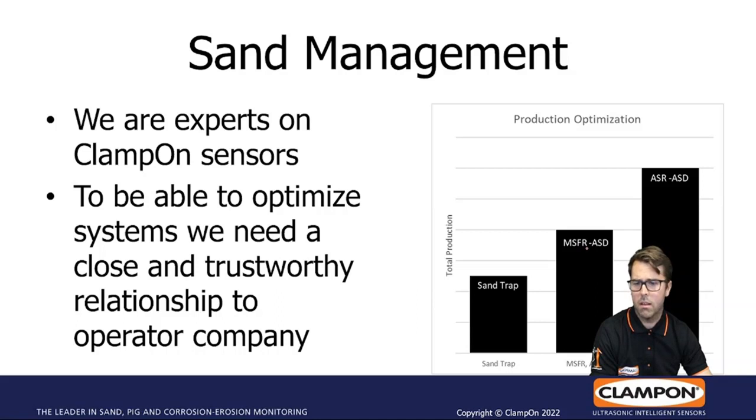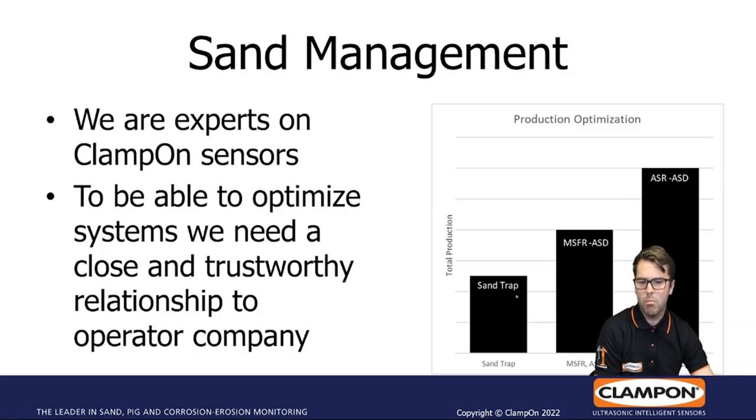And then the whole business has developed even more with acceptable sand rate. That means they can allow some sand because we are able to measure it so accurately. So after, for example, 30 years, it's no problem if your pipe is eroded a few millimeters, as long as you don't have to replace it earlier than 30 years.